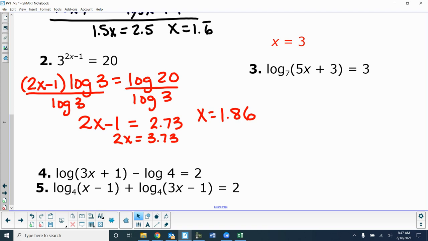So you can put the 7 to the third on the left or on the right. It doesn't matter. Most people like putting the x's on the left. So this number equals 7 to the third power. That's what that's telling us. I just subtract 3 and divide by 5, right?